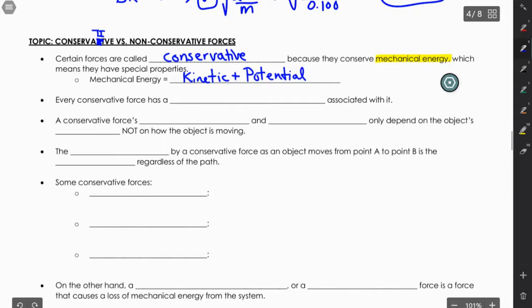Now, with conservative forces, all of them will have a potential energy associated with them. So that's very important to note: if the force is conservative, we are going to have potential energy.